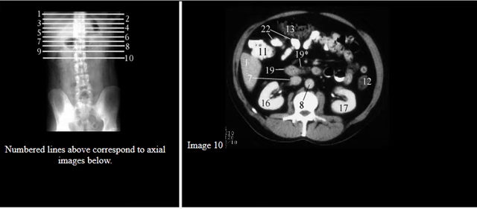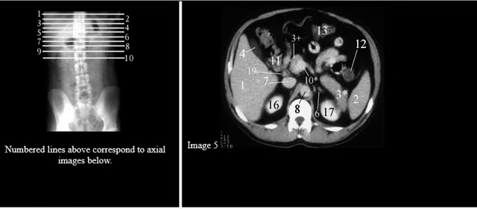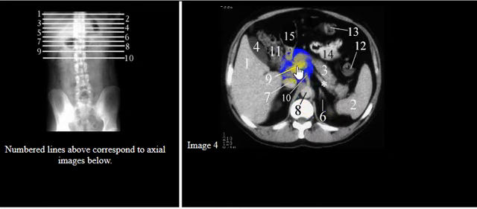The first, second and third parts of the duodenum form a C shape where the head of the pancreas is located.